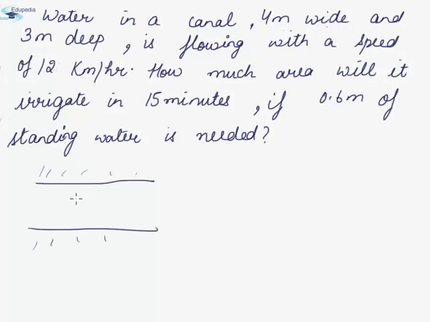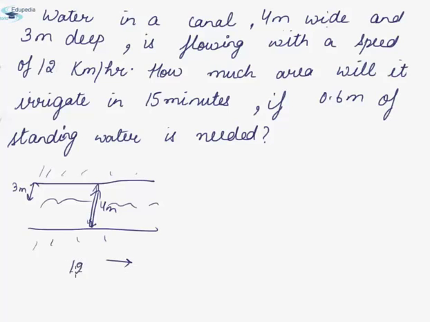As said, a canal is a long and artificially made thin stretch of water. Here it is 4 meter wide and 3 meters deep, whereas the length of this canal is not mentioned.